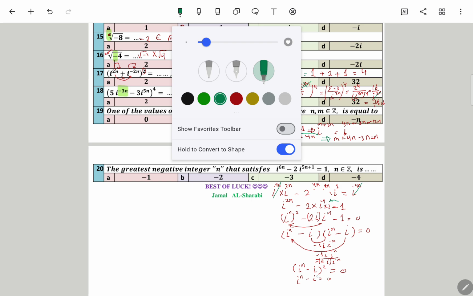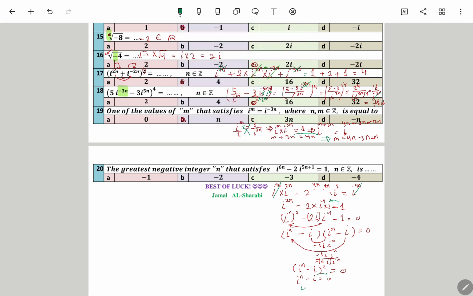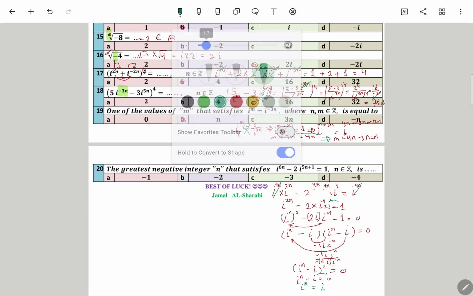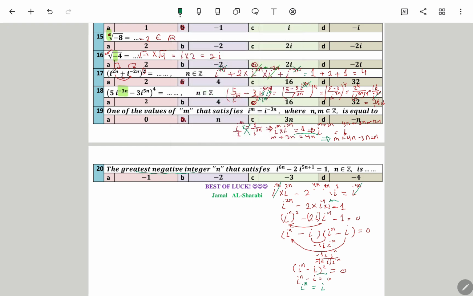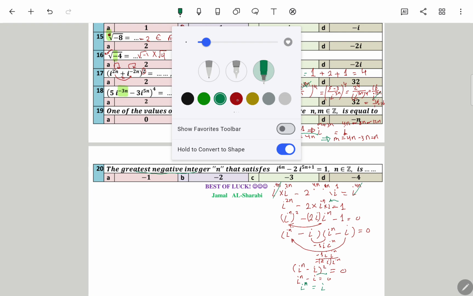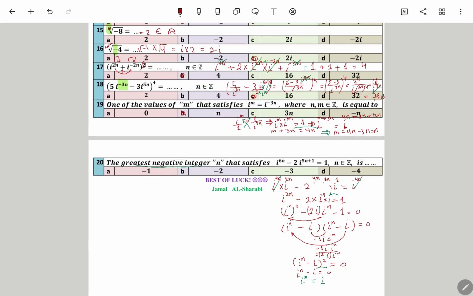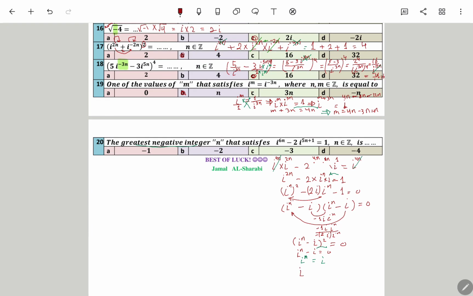And that will change to be i to the power of n equals i to the power of 1. Now you can think about which smallest or greatest negative integer n can give you this power, which is i to the power of 1. I can see that I can have i to the power of 3, but I'm looking for negatives.